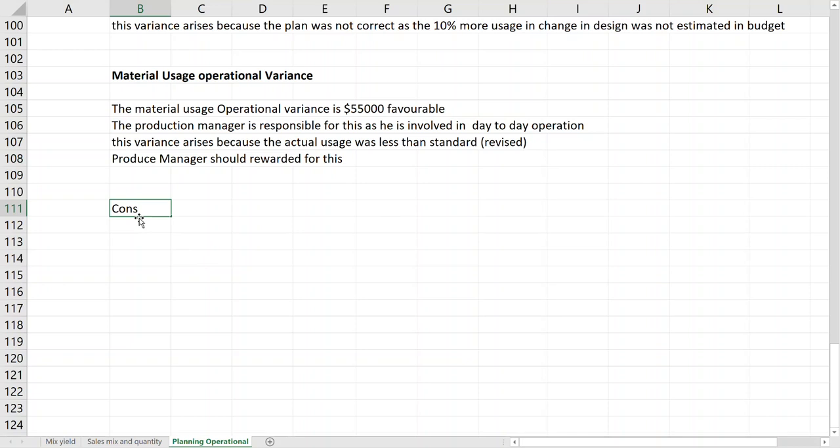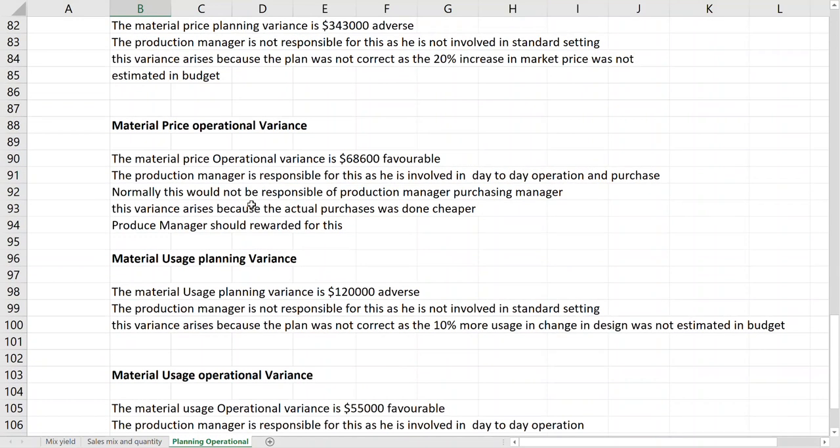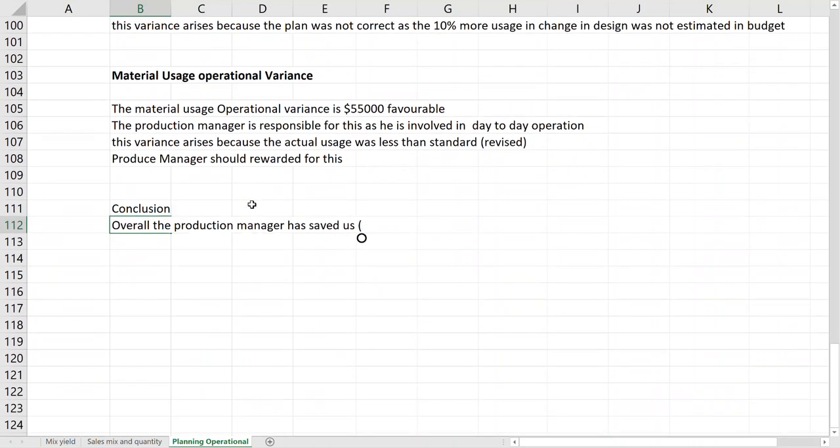Conclusion. Let's form a conclusion as well. Overall, the production manager has saved us $68,600 plus $55,000.